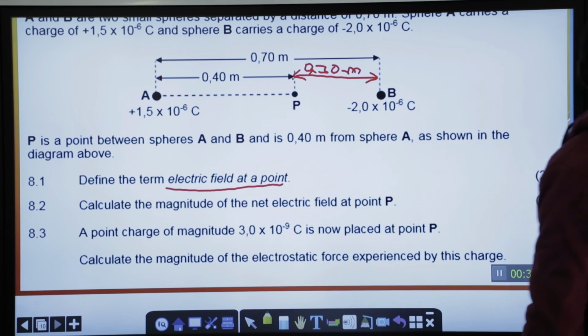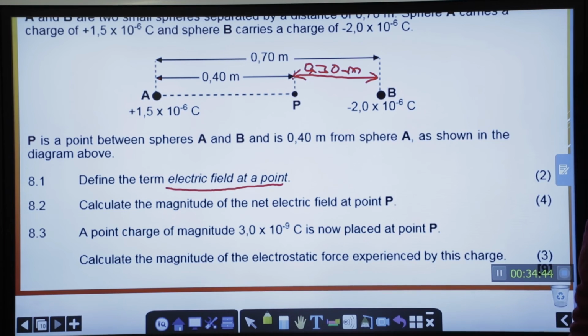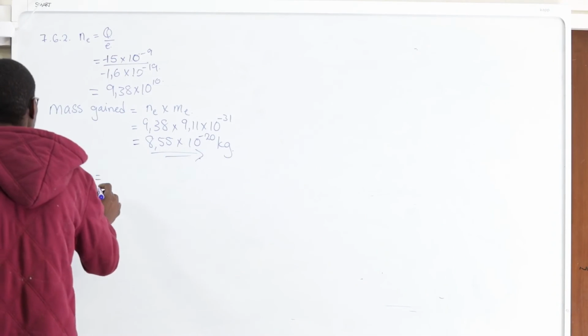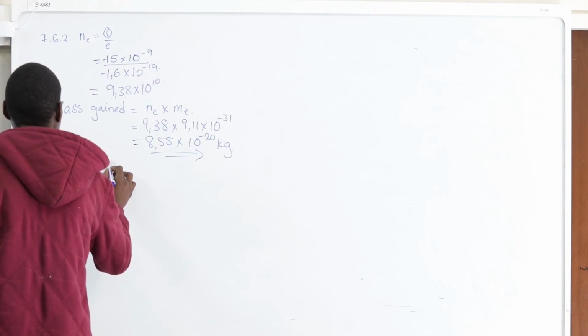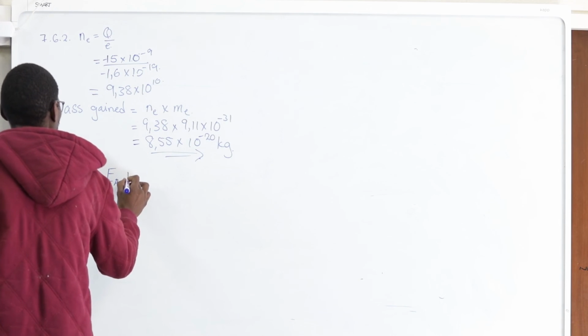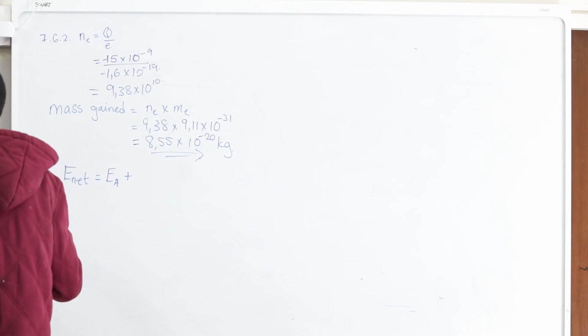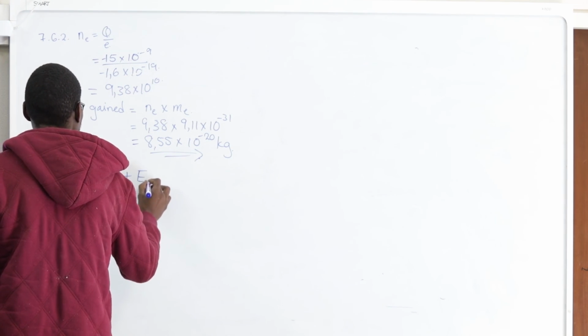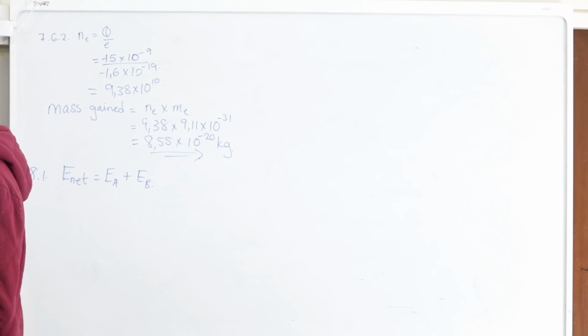So E net is equal to the electric field as a result of A plus the electric field as a result of B.